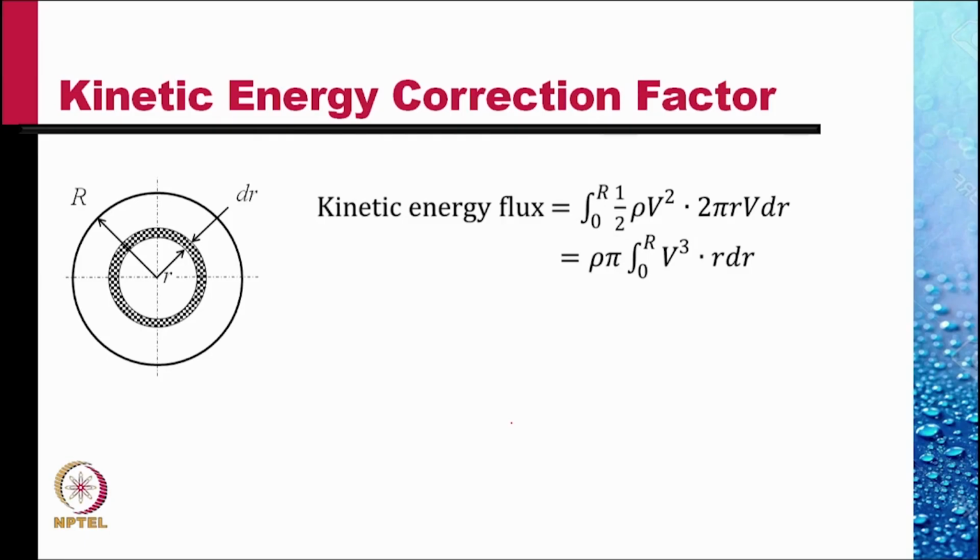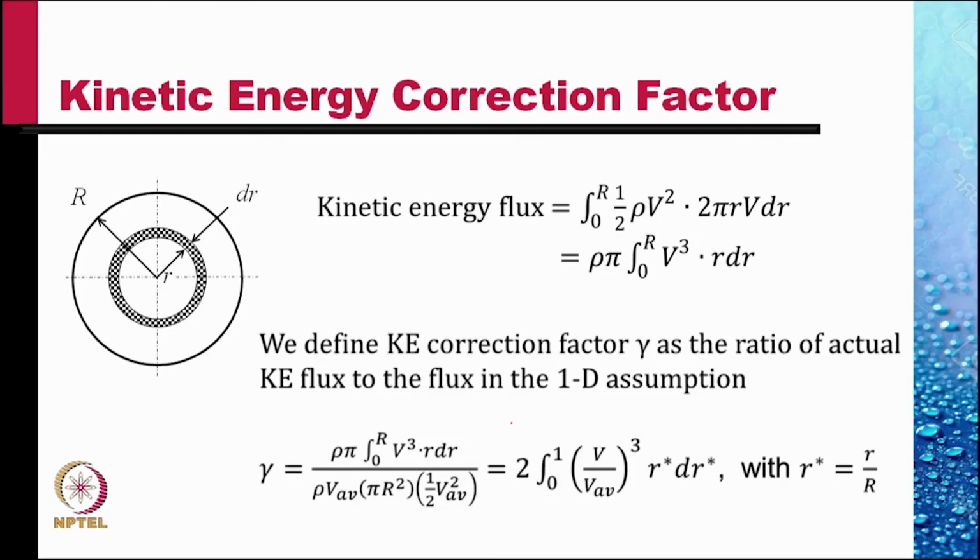The kinetic energy through this is the mass flow through this, which is 2 pi rho r V dr, times the kinetic energy of this, which is 1/2 V square per unit mass. And so, this is simplified to pi rho times integral 0 to R of V cube r dr.